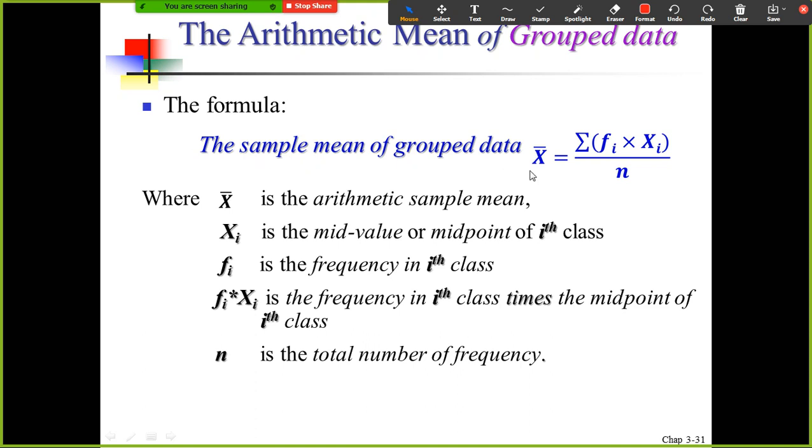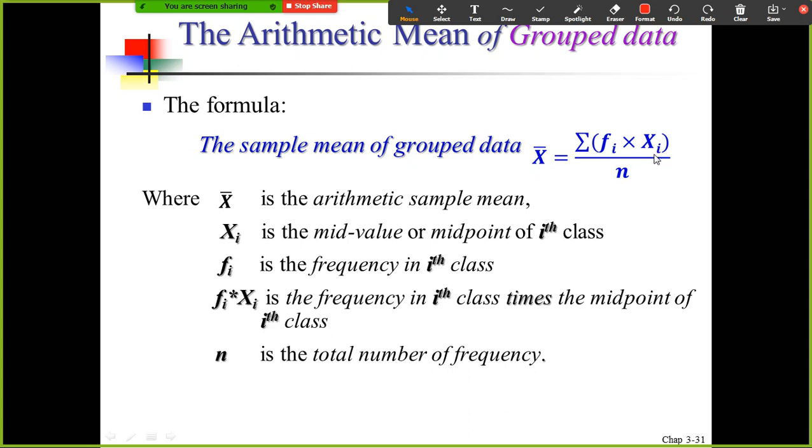If we use a population, it should be mu here. So the sample mean of grouped data, x bar, is a division. The numerator is the sum of x multiplied by f, xi multiplied by fi.